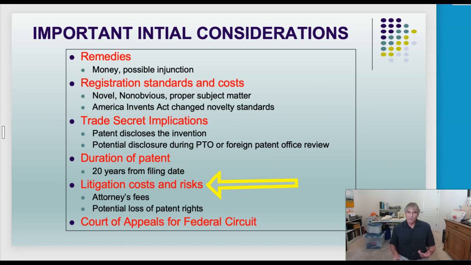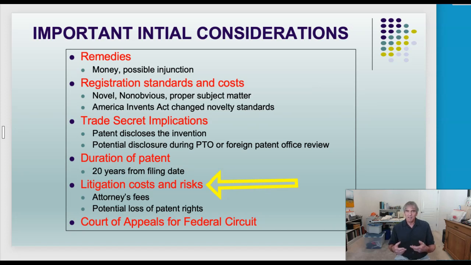And so now I want to further highlight the risks and costs of the patent process. And this is something that I can never overemphasize. I have already mentioned the costs to get a patent and the trade secret risks you may face if your application is disclosed prior to approval.